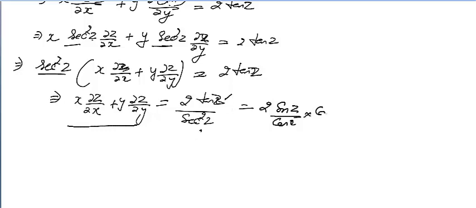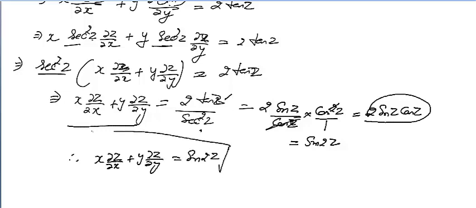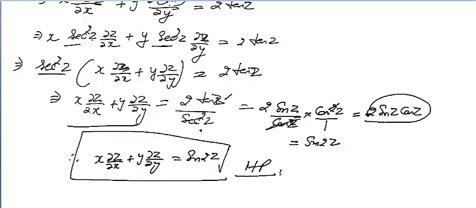You have cos square z here upon 1, so one cos z will be cancelled. You are getting 2 sine z cos z, and this is the trigonometric formula for sine 2z. Therefore x ∂z/∂x plus y ∂z/∂y is equal to sine 2z, which we wanted to prove. Hence proved.